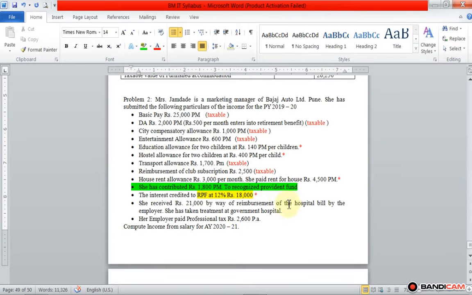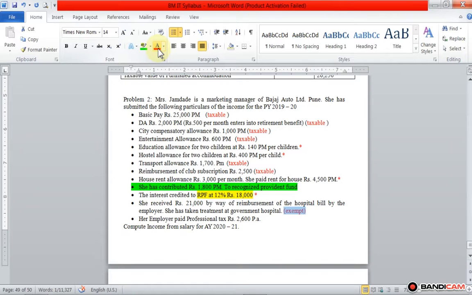Then professional tax is paid by the employer. If professional tax is paid by the employee, then we directly deduct this professional tax from gross salary under section 16, subsection 3. But here the employer has paid the professional tax, so remember the deduction under section 16.